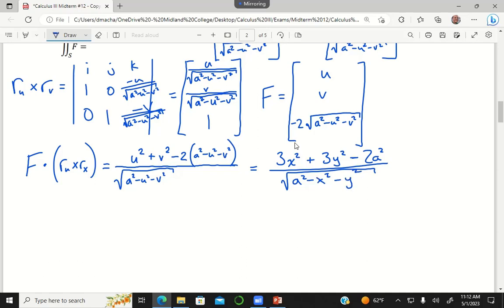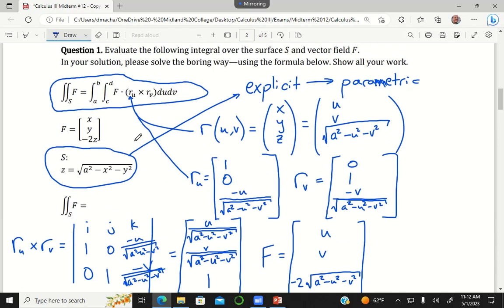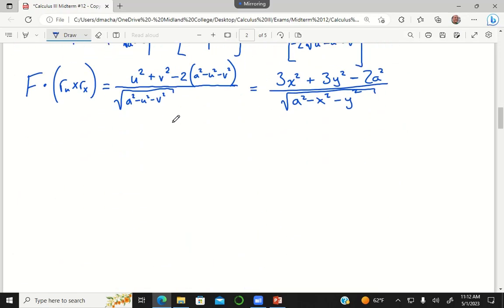Okay. But this was just the integrand of my formula. So here I gave you a formula. Now I need to take this integral with respect to u and v, aka with respect to x and y. And so we have to think about what are going to be the bounds and whether we want to integrate with x first or y first and all that.